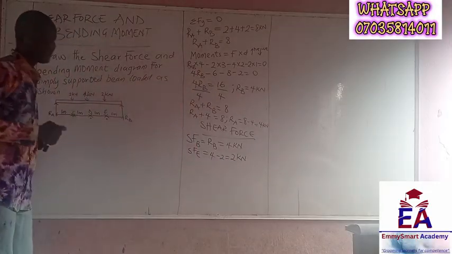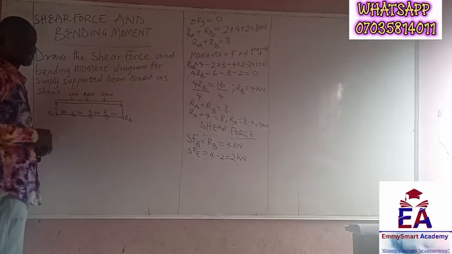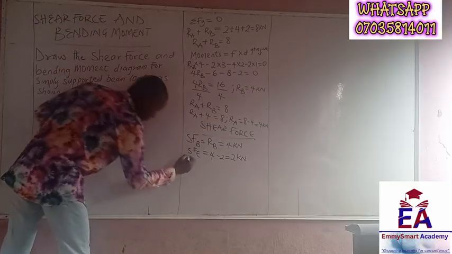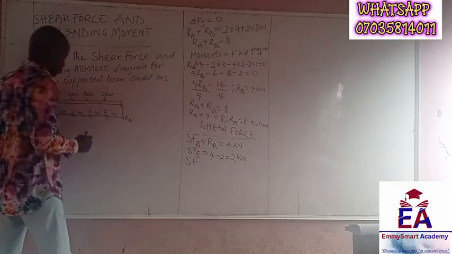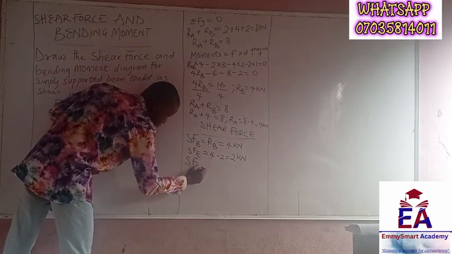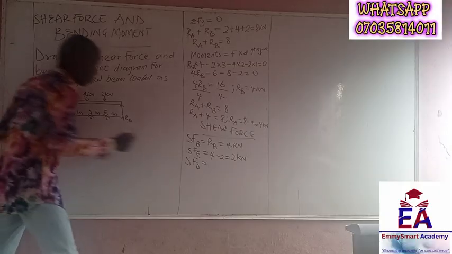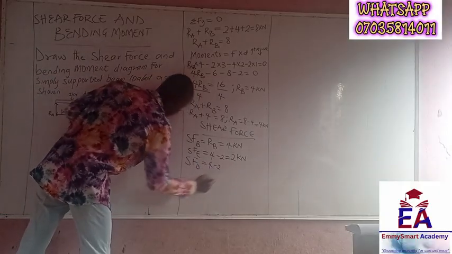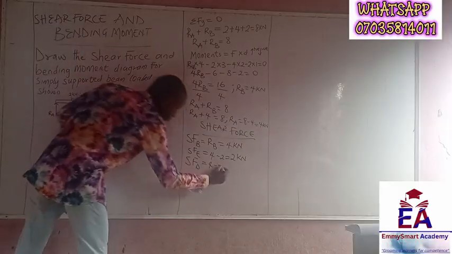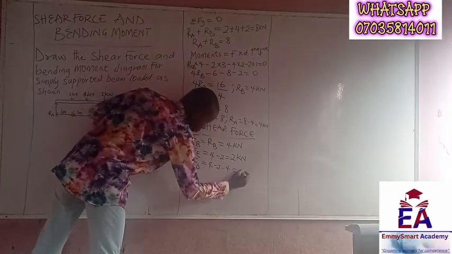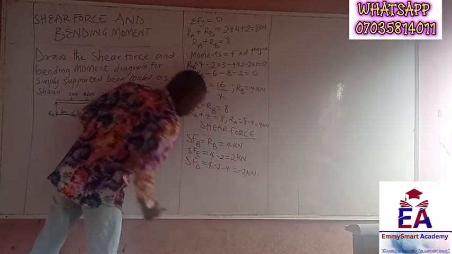So basically, when we are looking for the shear force, we are reducing the forces till we get to this point. Okay, so we have shear force at point D to be equal to 4 minus 2 minus 4. So 4 minus 4 is 0, then we have minus 2 kilonewton.